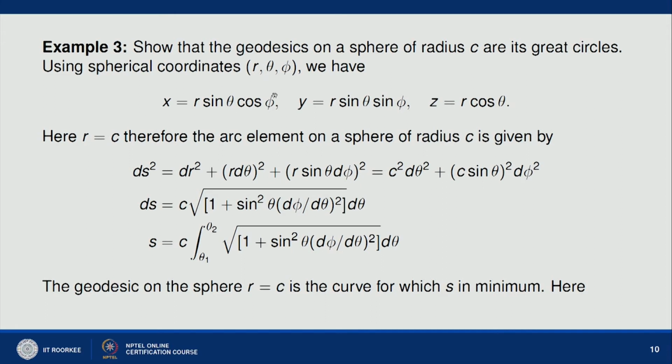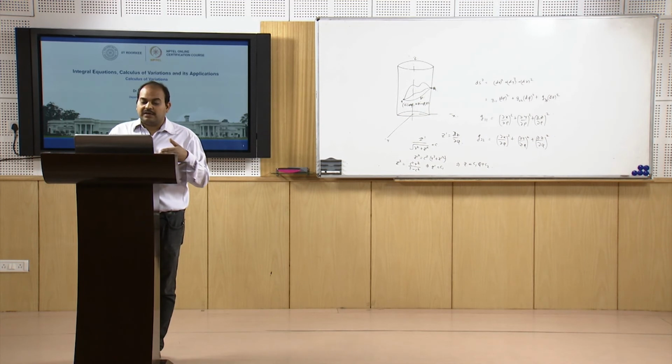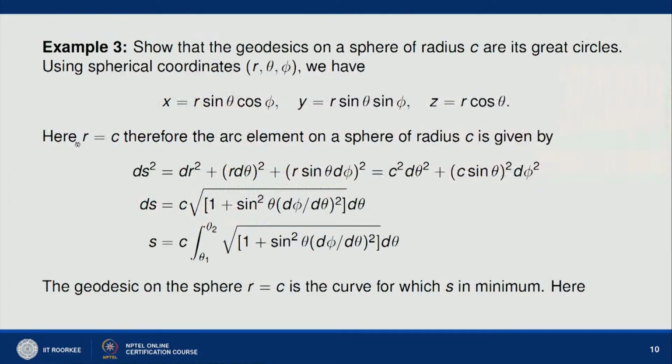In terms of r theta phi, you can write x as r sin theta cos phi, y as r sin theta sin phi, and z equal to r cos theta. Here theta is the angle made by the radius vector with the z axis, and phi is the angle of the projection of the radius vector from the x axis. Here r is equal to c.